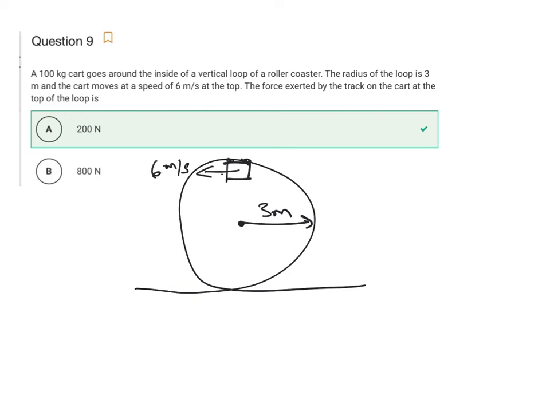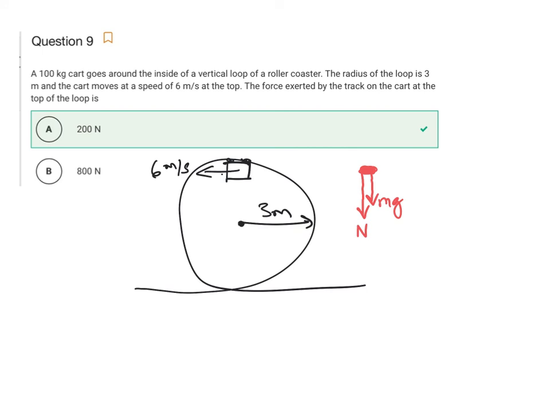At the top, the force exerted by the track on the cart is, well, let's draw a force diagram. When the cart's at the top, we know the gravitational force always points down, but I also know that there's a normal force that is always perpendicular to the surface of the track, and that's going to be pointing down in this case, towards the center of the circle.